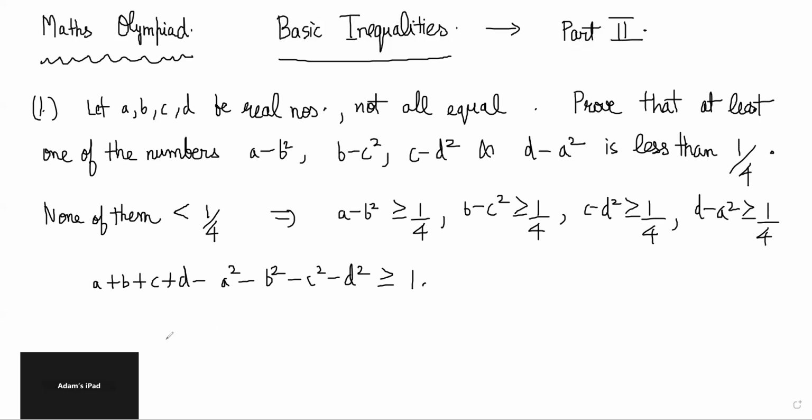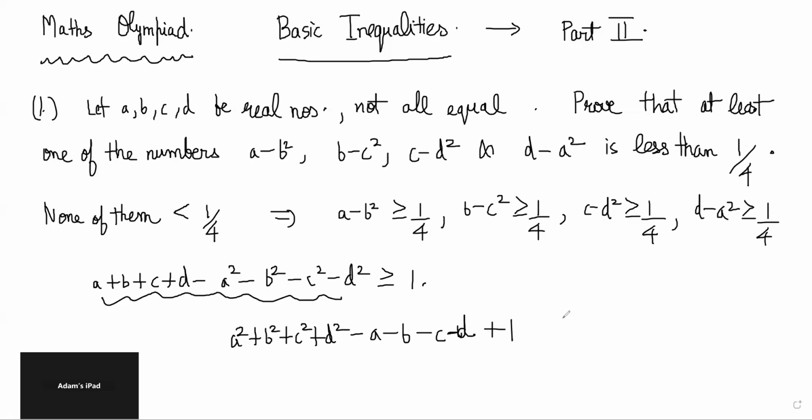Take all this and bring it to one side, right? You will get A square plus B square plus C square plus D square minus A minus B minus C minus D plus 1 is less than or equal to 0.